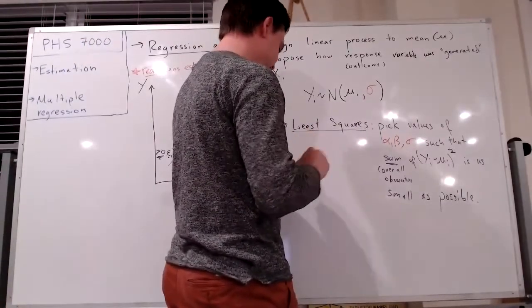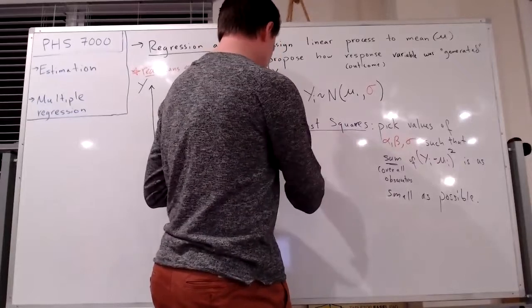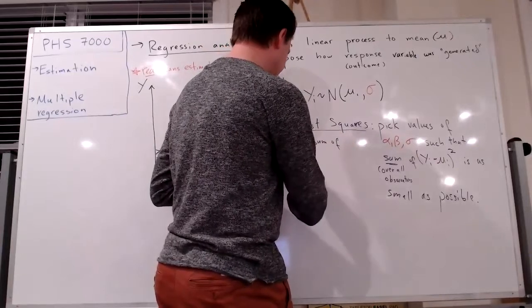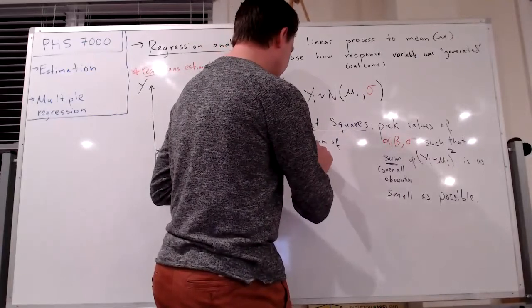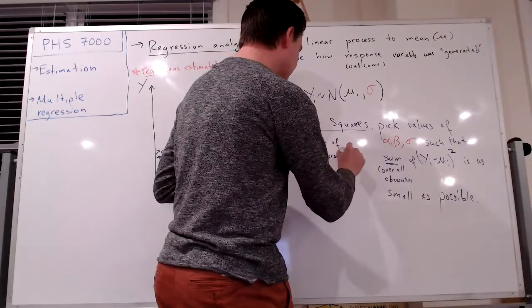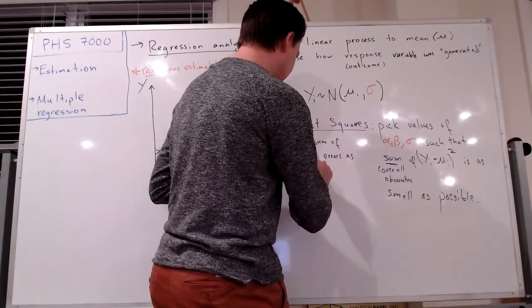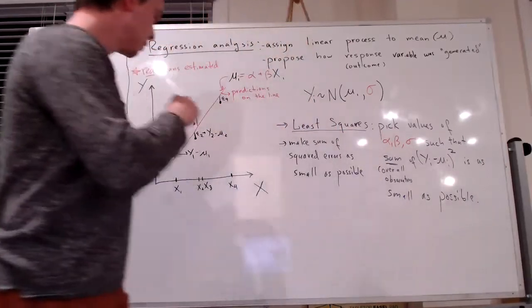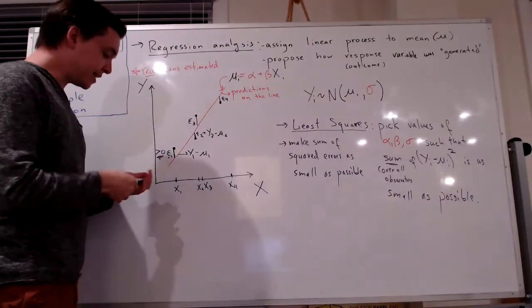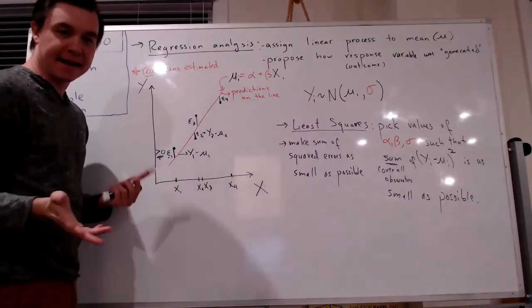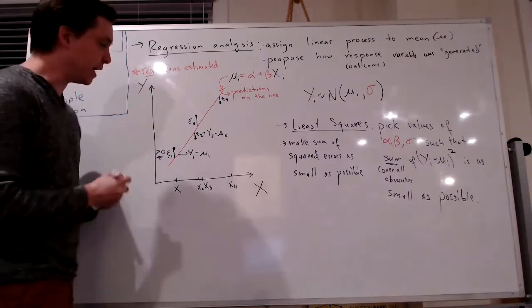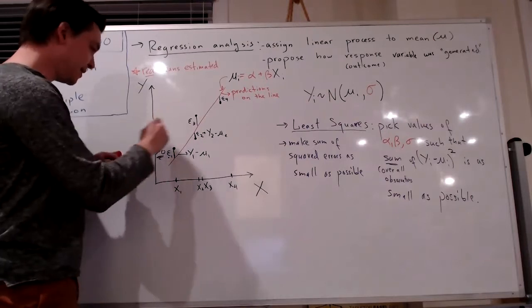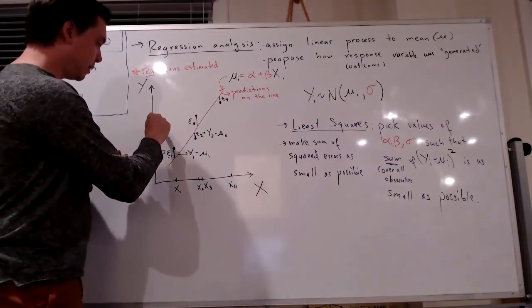Another way to think about it, make the sum of squared errors as small as possible. And of course, you can see that this line that I have is pretty close to the best fit line. It minimizes the sum of squared errors, and it's certainly not, say, this line.